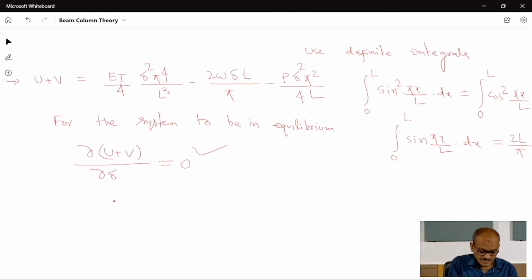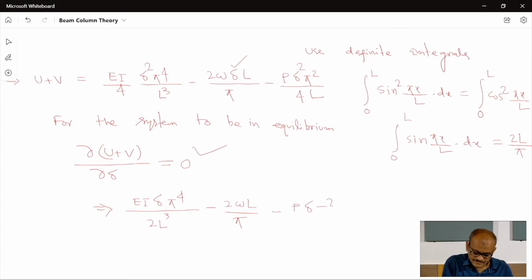If you differentiate with respect to delta, I am directly writing EI into delta pi to the power 4th divided by 2L cube, minus 2WL divided by pi, because only delta is there, if you differentiate it will go, and minus P delta pi square divided by 2L, this equal to 0.